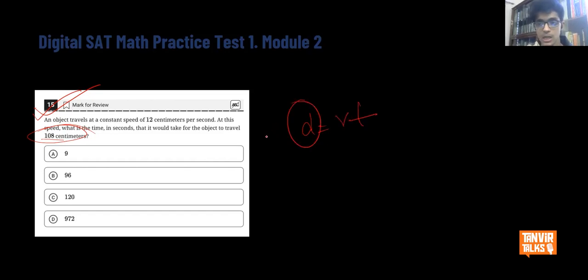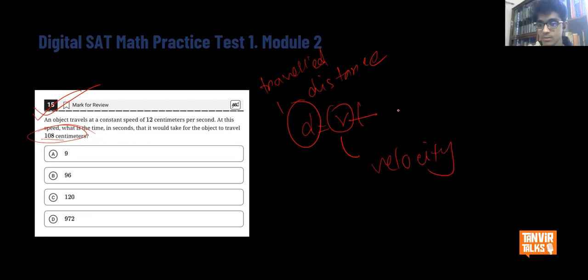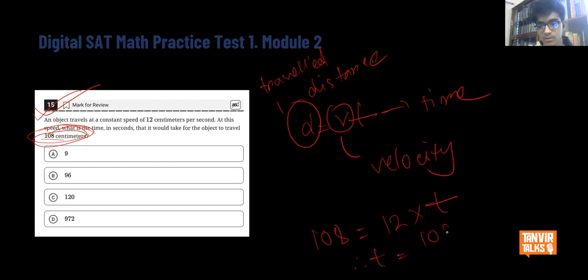D is travel distance, that's the velocity, and that's the time. Okay, so D আমাদের কতটুকু ট্রাভেল করতে হবে 108, V হচ্ছে 12, আর T হচ্ছে T. So T is equal to 108 by 12, which is 9.